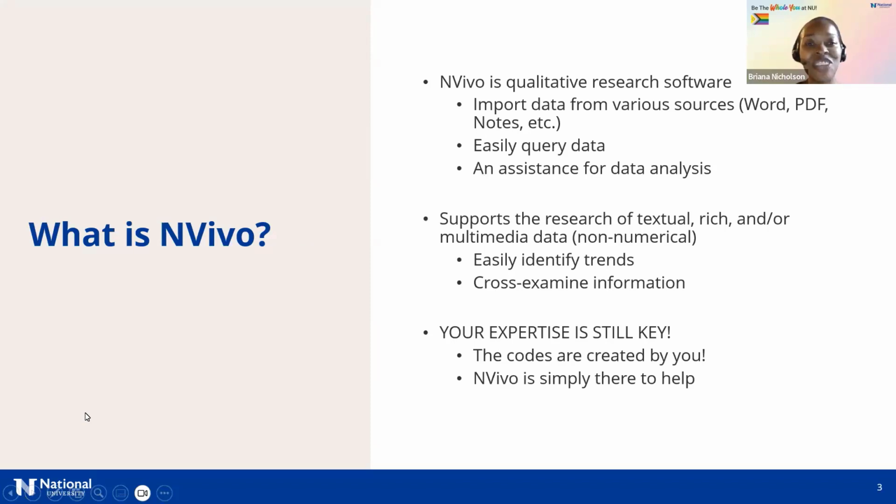So what is NVivo? NVivo is qualitative research software. It allows us to import data from various sources, Word, PDF, notes, whatever the Mac version of Word is. It allows you to import those files, and it allows you to easily query your data, search your data, sort, and organize your data. It is an assistant, so I cannot stress this enough.